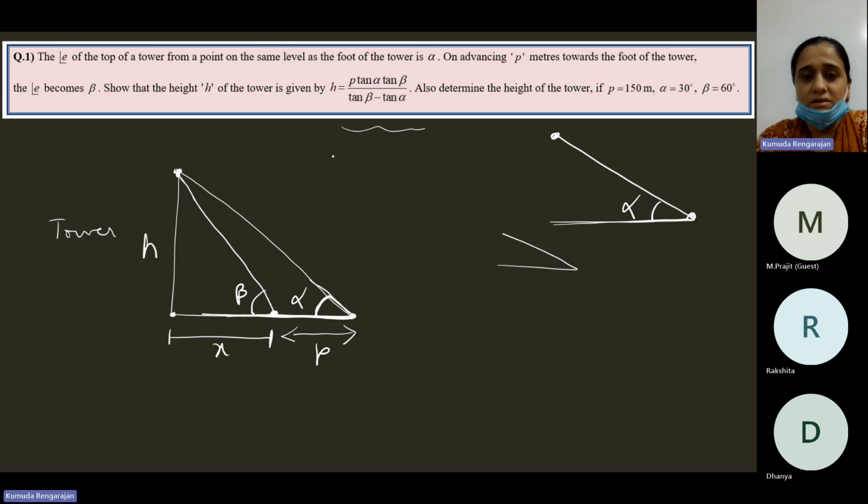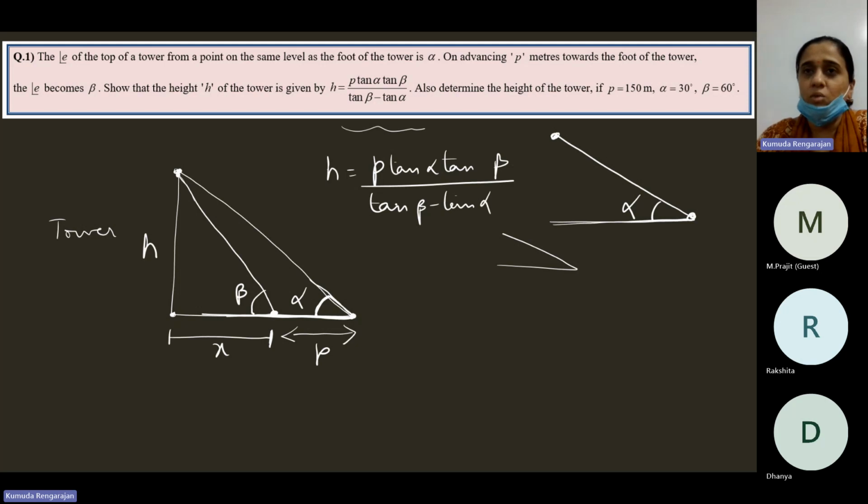And look at the expression we need to prove: p tan alpha tan beta over tan beta minus tan alpha. So what are the ratios used here? The angles in the figure are alpha and beta, and the trigonometric ratio applied with these angles is tan.